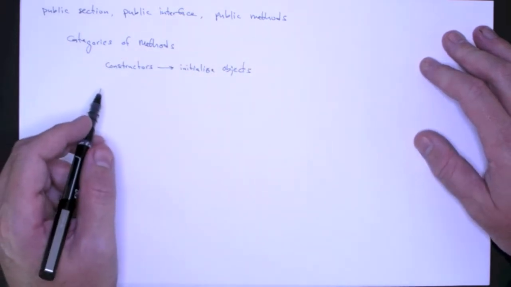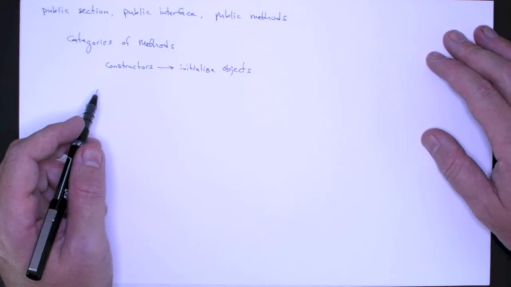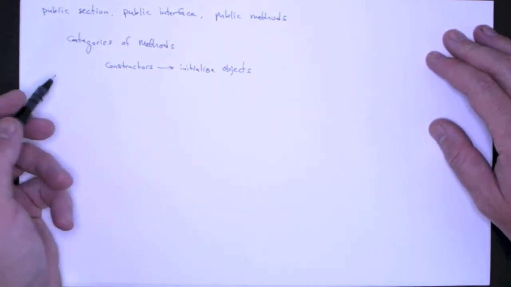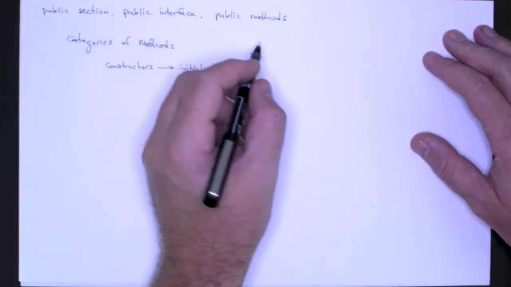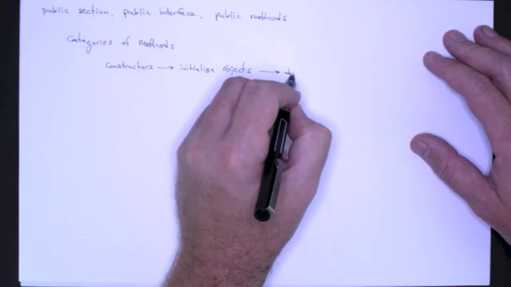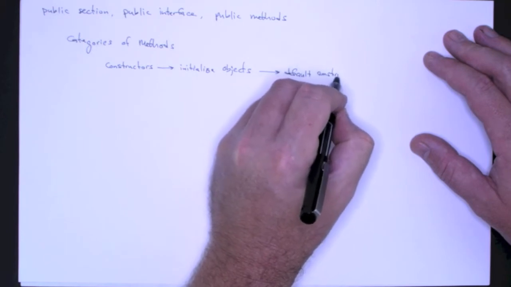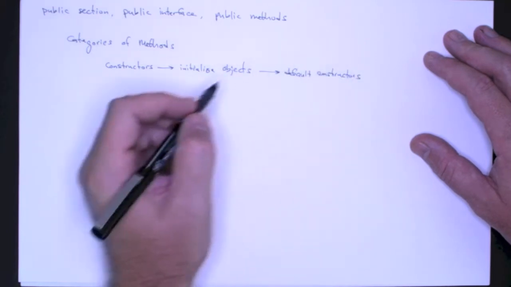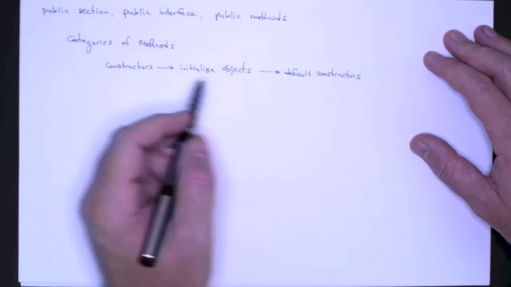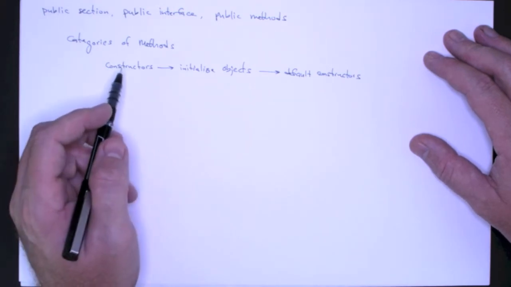And there are a variety of ways that objects might need to be initialized. First of all, there are default constructors. And these, as the name implies, just set an object to some default state.